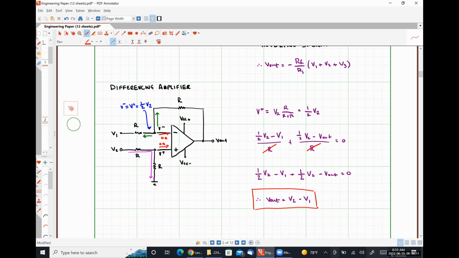That would actually be easier to implement than trying to figure out how to do it using different values of R. So to this point, we have talked about how we can provide amplification of input signals, attenuation of input signals, how we can add input signals together, and how we can take the difference of input signals.